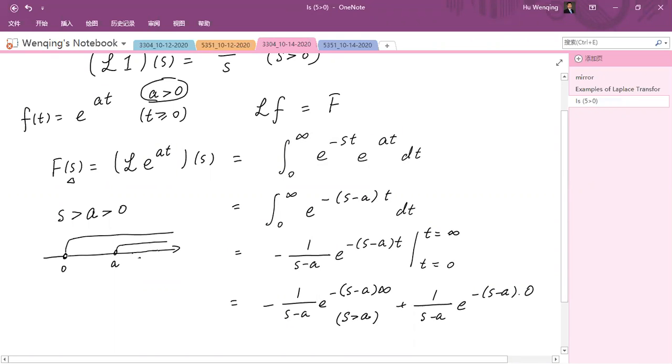This domain is s larger than a, and this domain is s larger than 0. Originally we were saying that Laplace transforms are always defined on s larger than 0, this domain. But now for this particular problem, you're even restricted to s larger than a. It's a much smaller domain depending on how large a is. So that is very important.